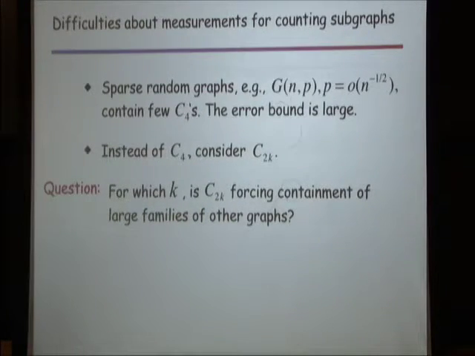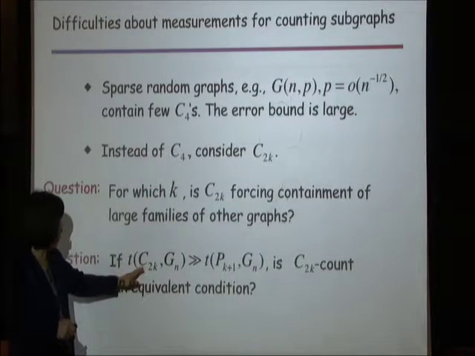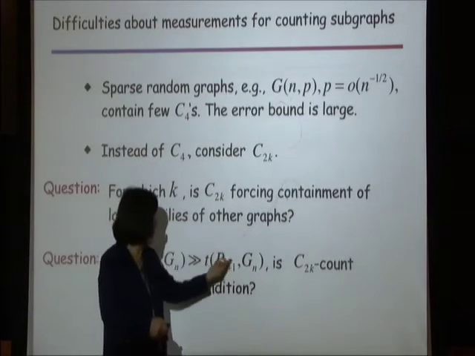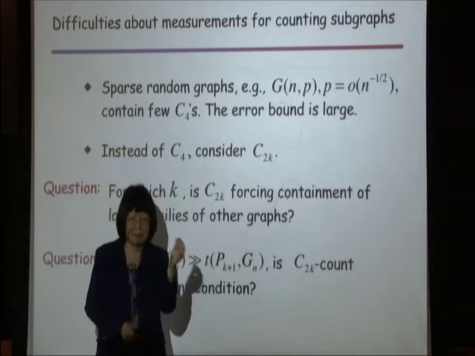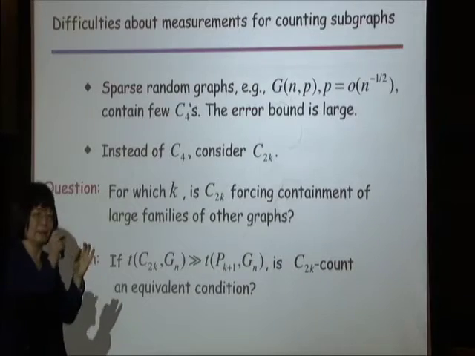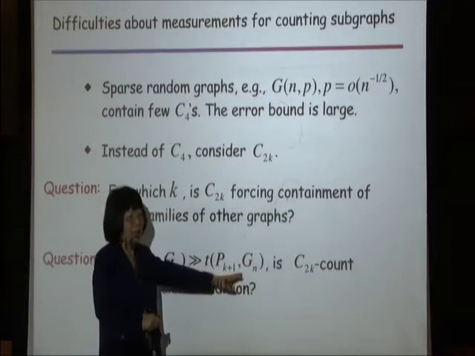One thing we know is that the number of occurrences of C2K in Gn has to be much larger than this. This is the case where your C4 collapses; you are really walking around and backtracking.